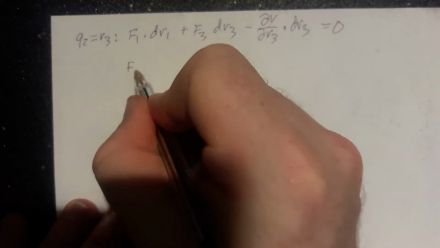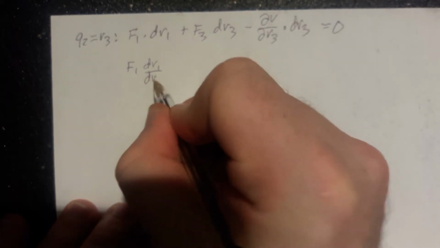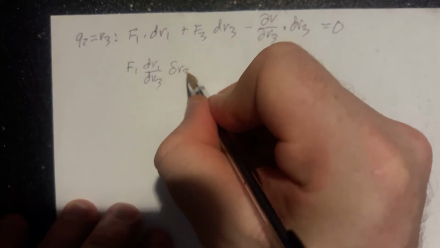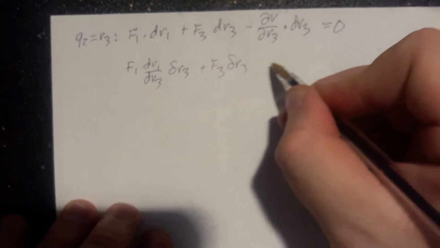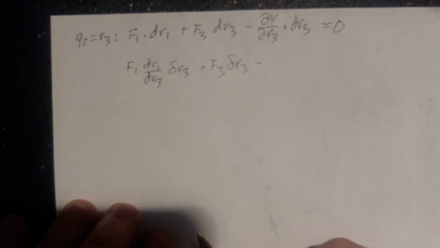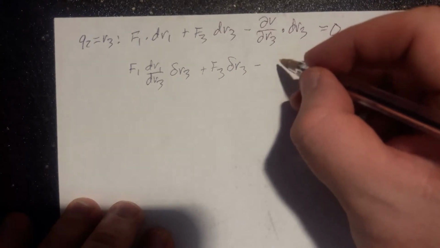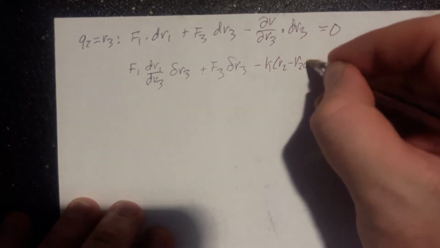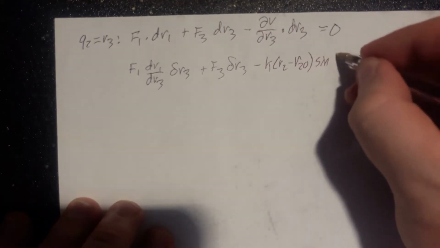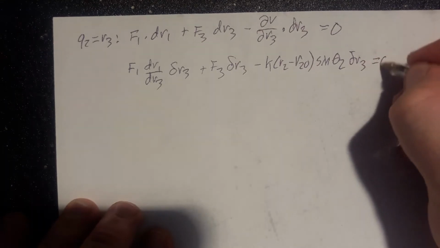of R3, and so we'll do similar to what we did in the last video. We'll do dr1 dr3 dr3 plus F3 dr3 minus, and then we'll plug in our expression for dV dr3, which was k (r2 minus r2 naught) sine theta 2 dr3 equals 0.